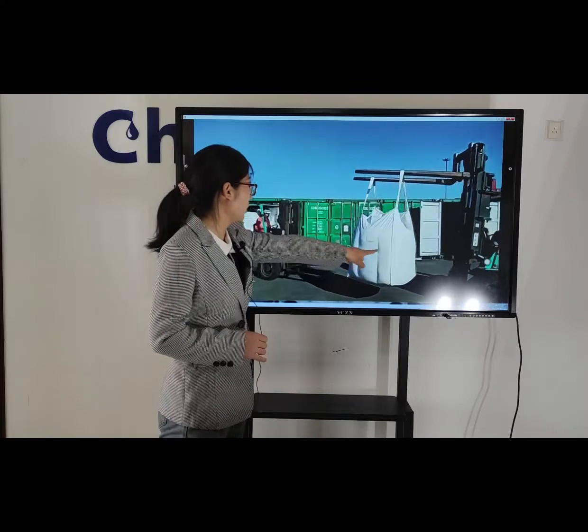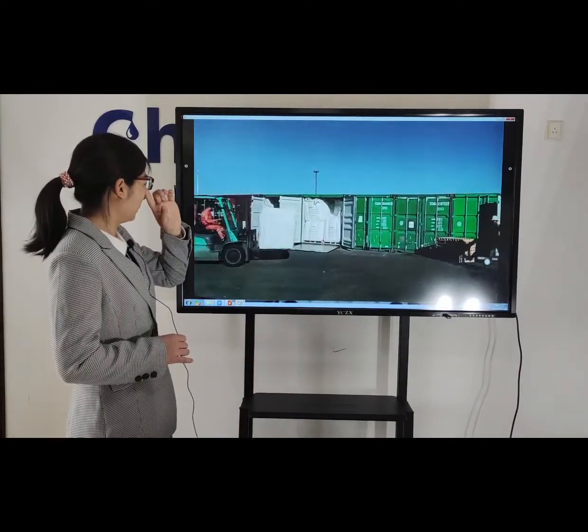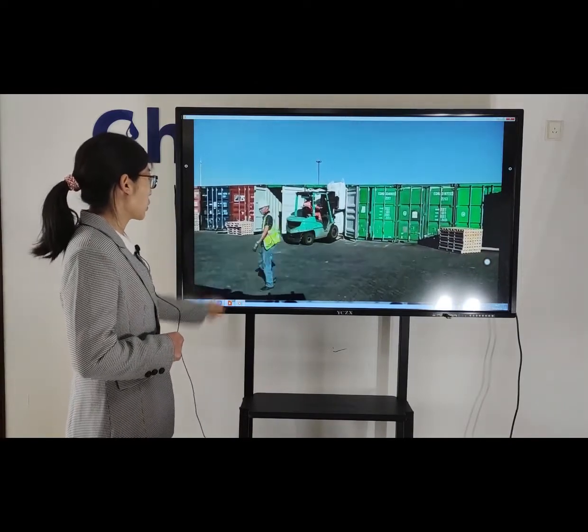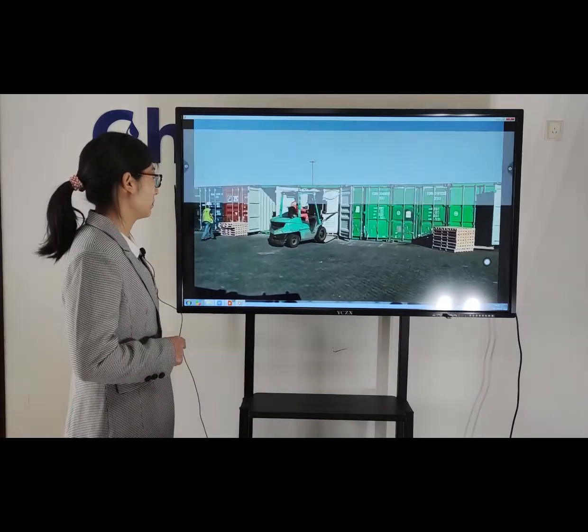And that is the pallet we use to get the cargo unloaded more easily. This shipment was shipped to Southeast Asia.